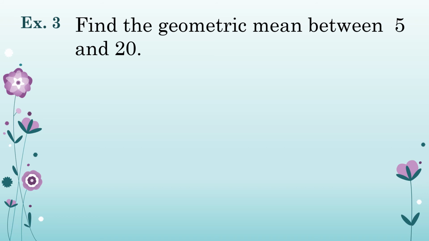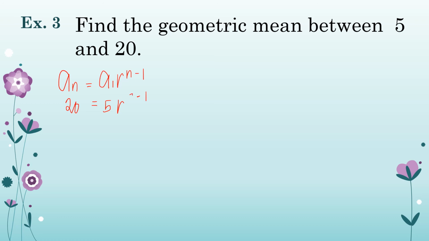So using the formula, a sub n is equal to a sub 1 times r raised to n minus 1. So our a sub n is 20. Our a sub 1 is 5.